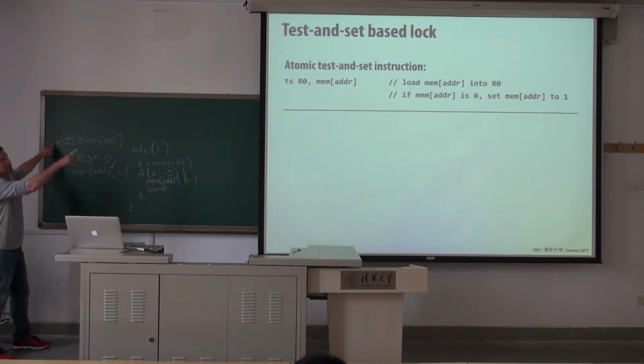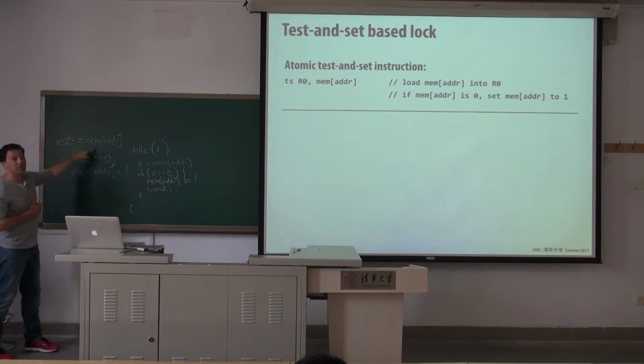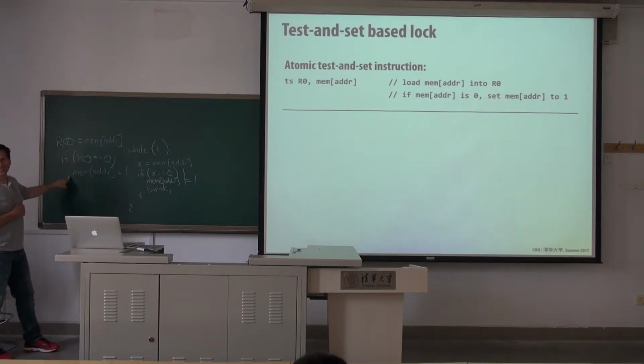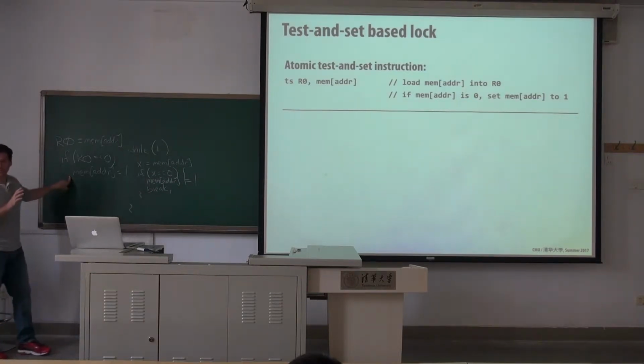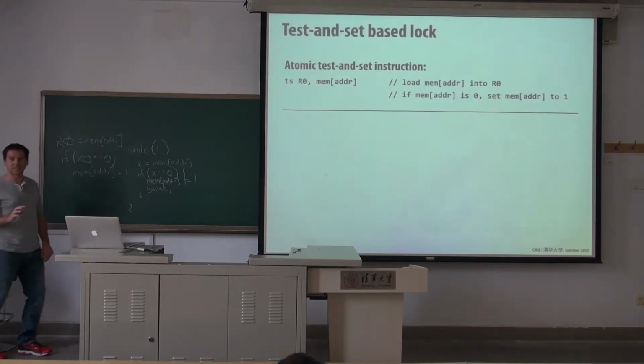So at the end of the instruction, R0 equals the original value of mem addr. And memory is changed to 1 if the original value was 0, and unchanged if the original value was not 0. So everybody see what this does?